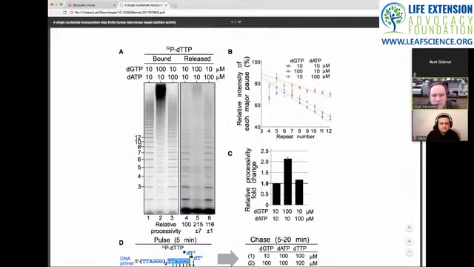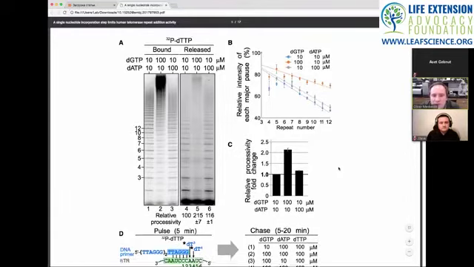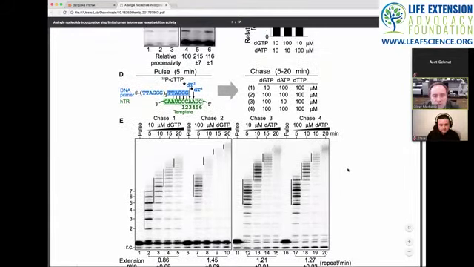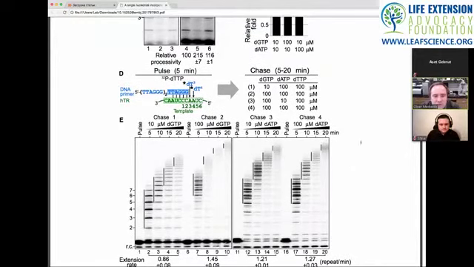And the rate was determined, and I'm not going over these figures, I'm skipping them because this is the quantification of what you see here, the relative fold change that you see in processivity. The figures below are a rate analysis, and the way they're doing it here is basically what's called a pulse chase.